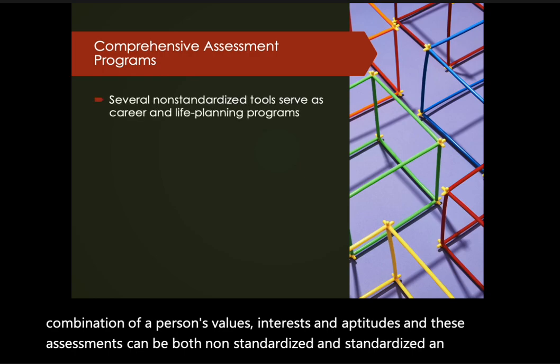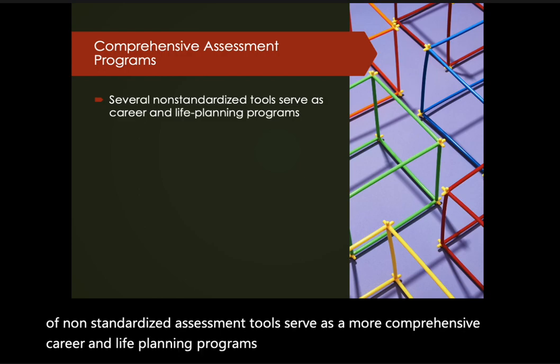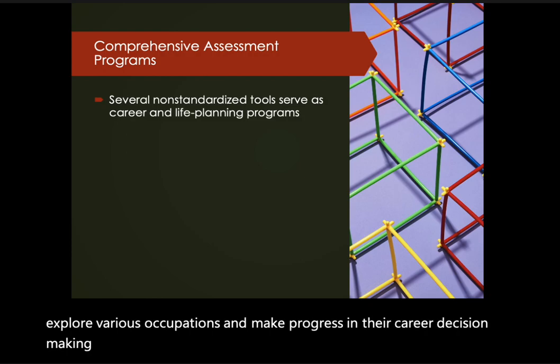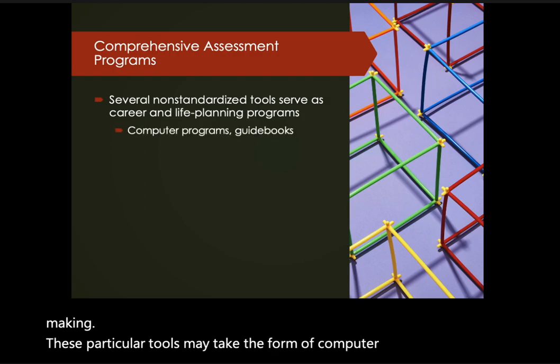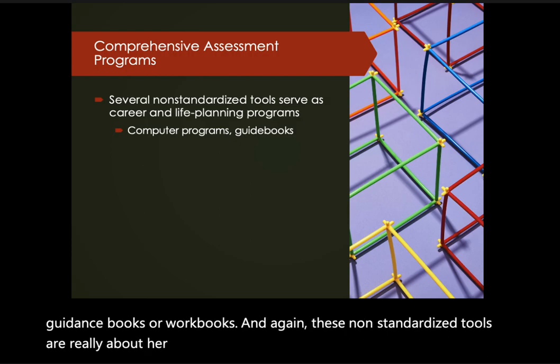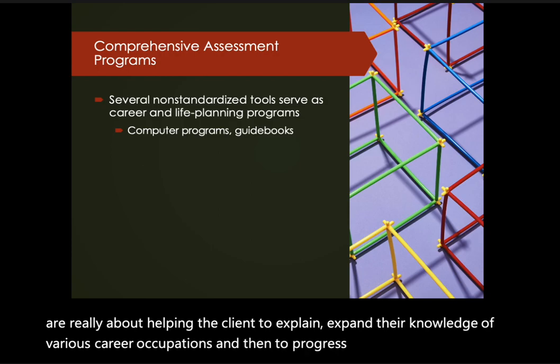A number of non-standardized assessment tools serve as more comprehensive career and life planning programs while also encouraging people to explore various occupations and make progress in their career decision making. These particular tools may take the form of computer programs or career guidance books or workbooks. And again, these non-standardized tools are really about helping the client to expand their knowledge of various career occupations and then to progress in their career decision making.